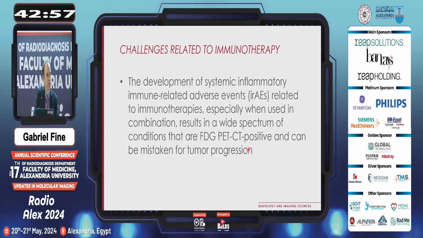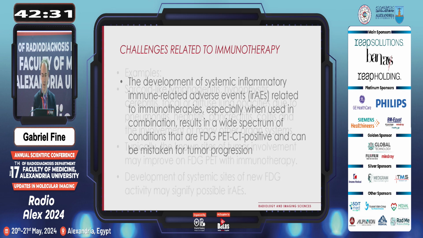I don't know how much checkpoint inhibitors and immunotherapy is being done here, but if it is, and I suspect over time it will be, the development of systemic inflammatory immune-related adverse events is something that you need to know and need to be familiar with. That can affect your ability to determine whether this is disease or whether it's related to just the treatment itself.